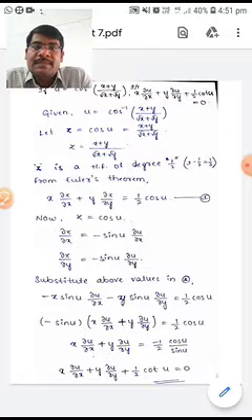Here u is equal to cos inverse of (x plus y) by (root x plus root y). Here cos inverse comes to the left side, that is cos u is equal to (x plus y) by (root x plus root y).